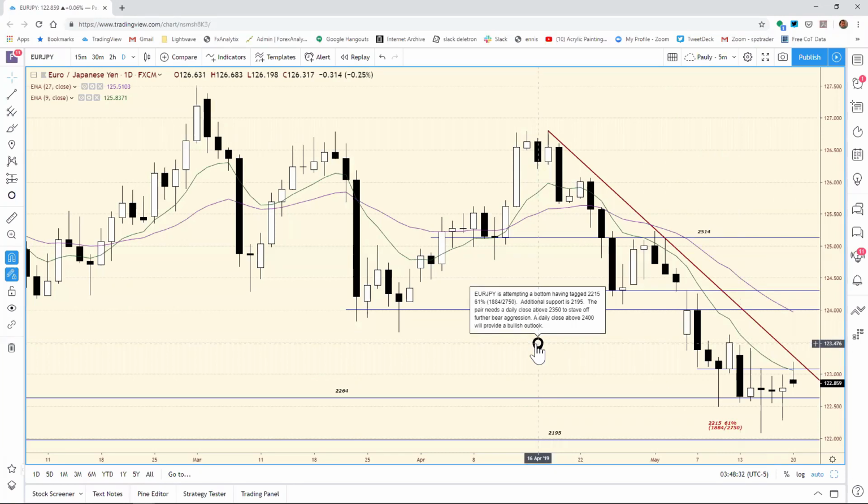The pair needs a daily close above 23.50 to stave off further bearish aggression. A daily close above 24.00 will provide a bullish outlook. So we still have this downtrend line sticking right here, and we still haven't been able to really garner much of a move higher. Trying to push a little bit, but that trend line, the resistance coming in here is going to be right there for now. It's going to be 23.62.